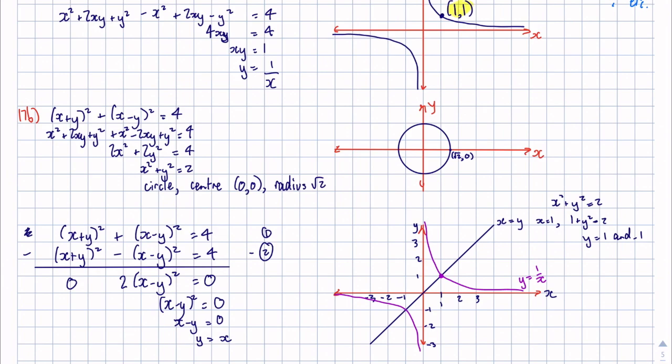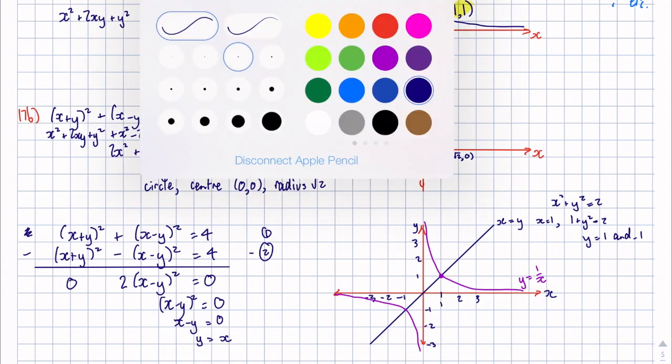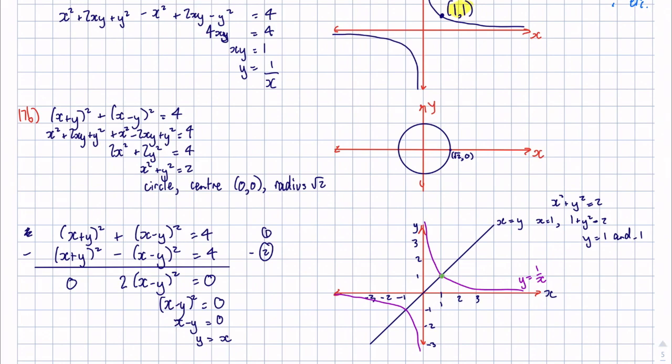Which means this circle's going to hit here, here, and it's also going to go through here and here. So let me try and draw my circle to go through all these points. That's it. And that's my x squared plus y squared equals 2.